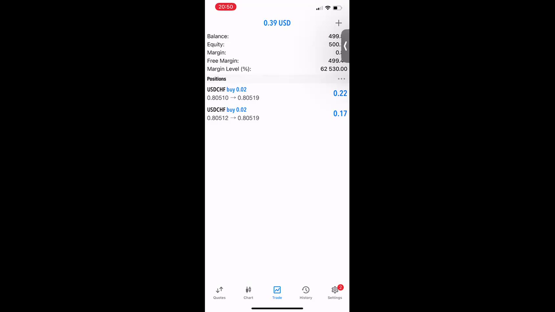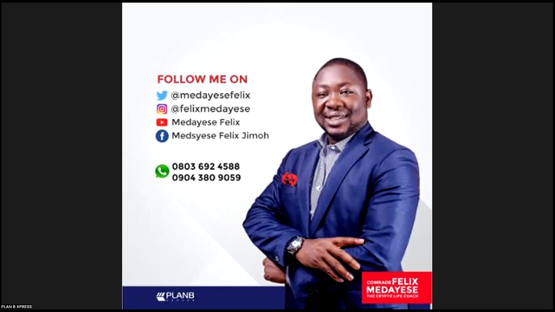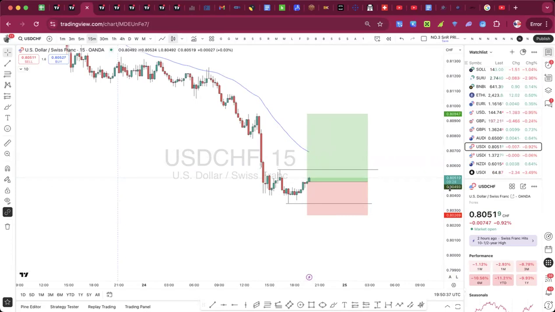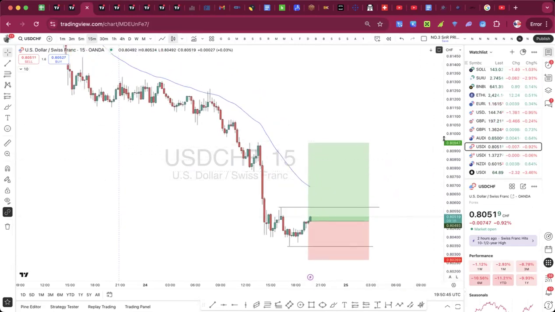I rarely use stop loss on my Bitcoin futures trading because I use cross margin, and I don't use too much leverage. I can enter a trade and literally forget it.